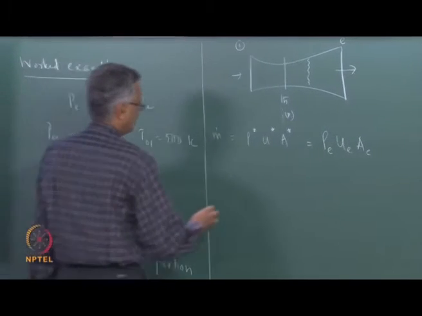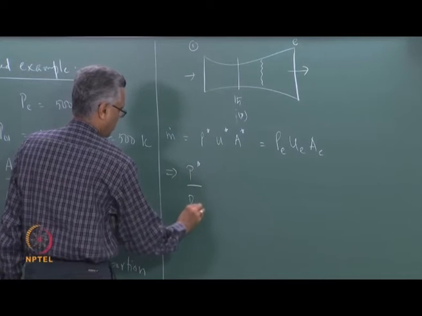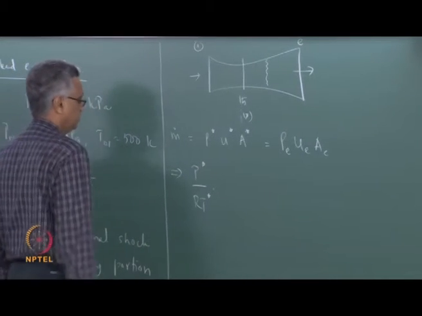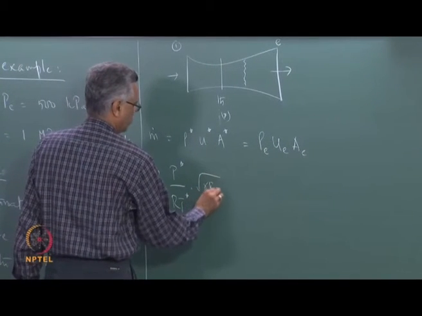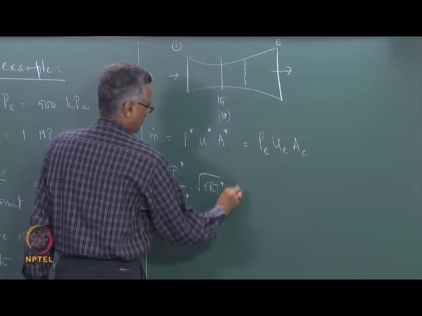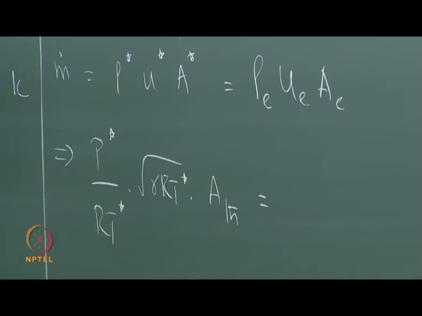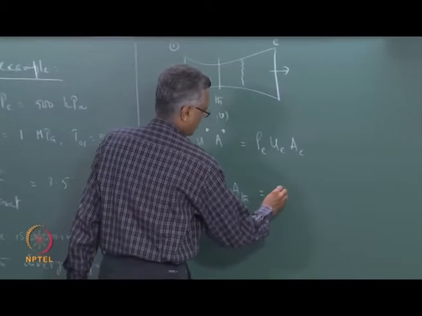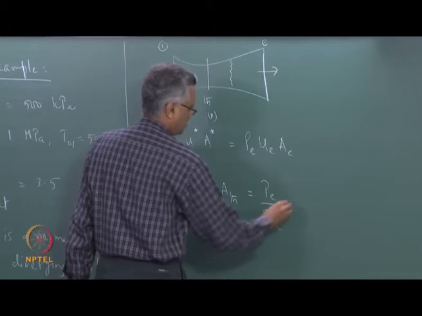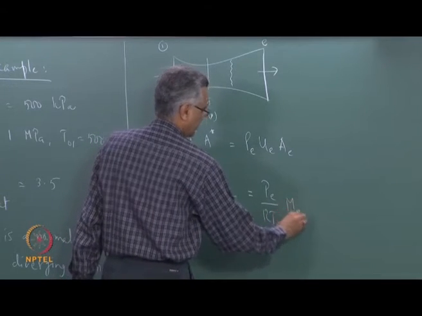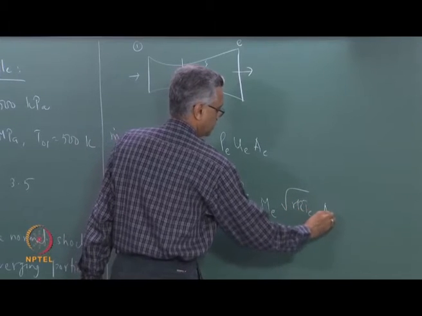If I rearrange this expression, I can write this as P star over R times T star, and u star can be written as square root of gamma R T star because M is equal to 1, and remember A star is equal to A throat, so I am explicitly indicating that here. And this can be written as PE over R times TE, and this can be written as ME times square root of gamma R TE, and this is AE.